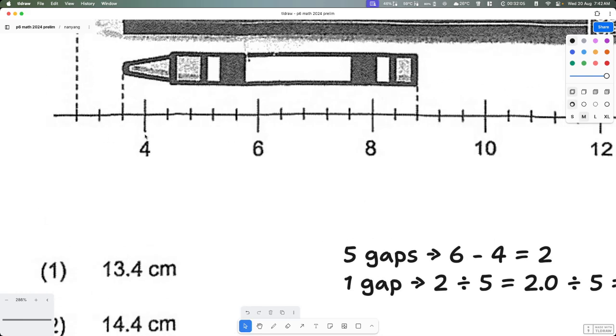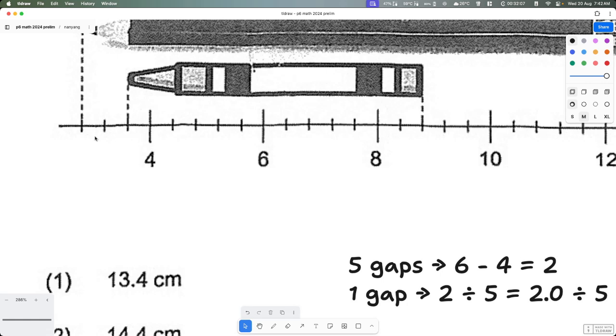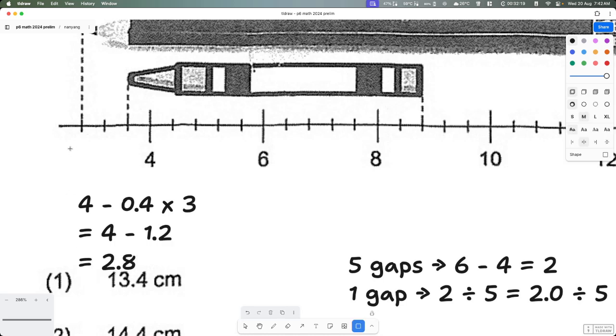So that means this is 1, 2, 3. So this 4 minus 0.4 times 3, which is 4 minus 1.2, which is then 2.8. Okay, so this over here, it's 2.8 in this one. So 2.8, 3.2, 3.6. Okay, so this is 3.6.